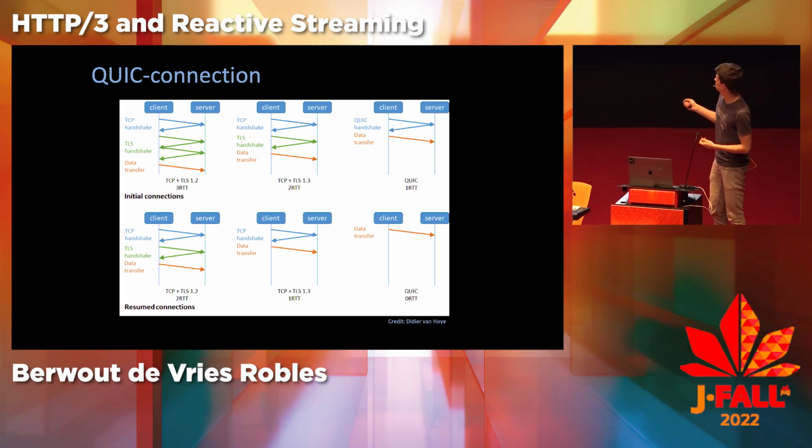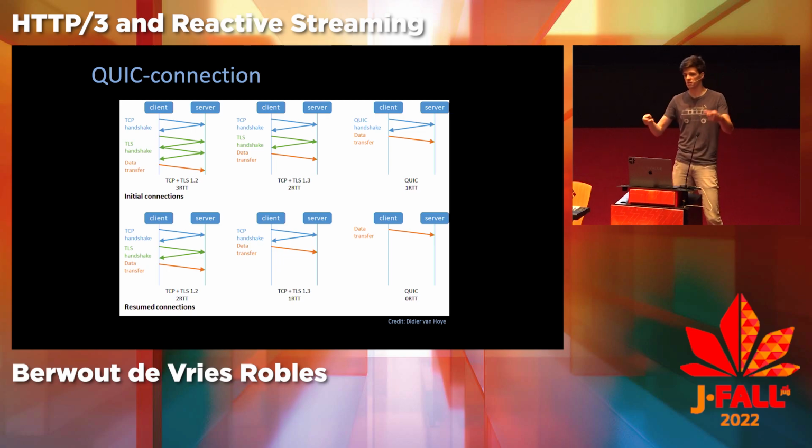Then on the bottom, we have another neat little trick, which is that if you've visited a server before, then you probably know each other, and you've already talked to each other once. So in TLS 1.3, there's a new mechanism to restart sessions, where basically a client gets assigned a session ID, and they can reuse that session for the first request they send next time.